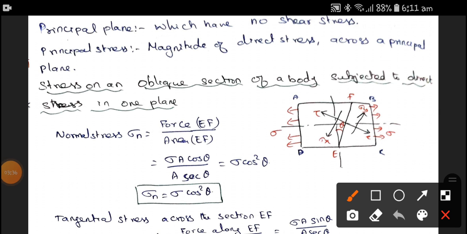Let me explain by means of the drawing. So this is the oblique plane, and these are the stresses acting as major and minor stresses.